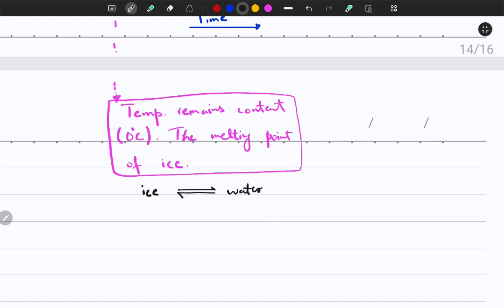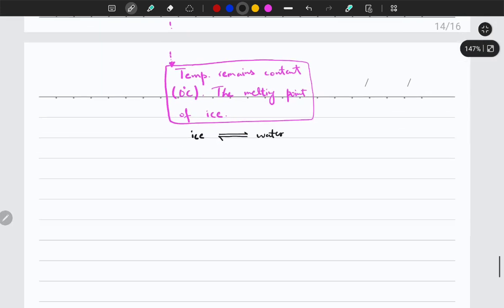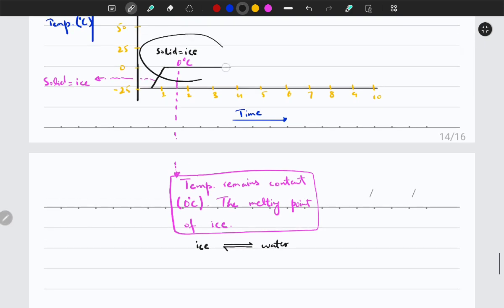If you keep heating it up, or if this ice keeps getting more and more energy, more and more heat, the equilibrium would shift towards water, all the ice would melt, but the temperature would remain 0 until all the ice has been melted into water.